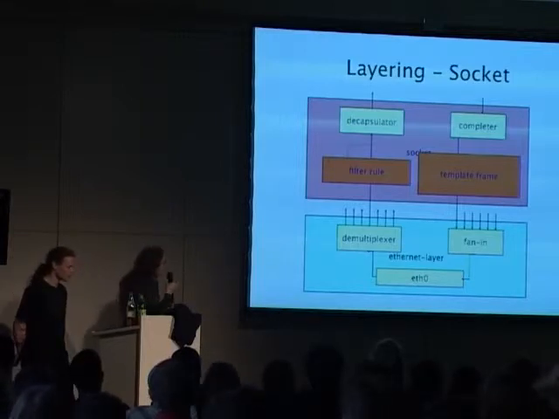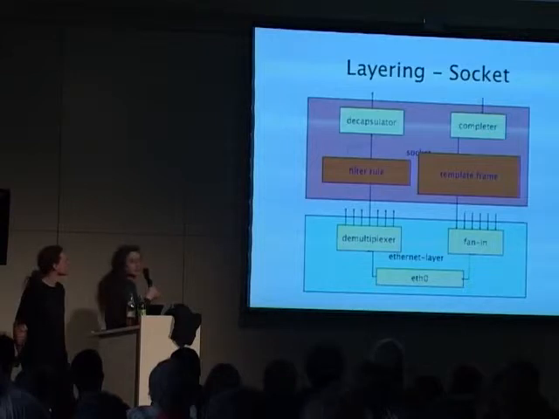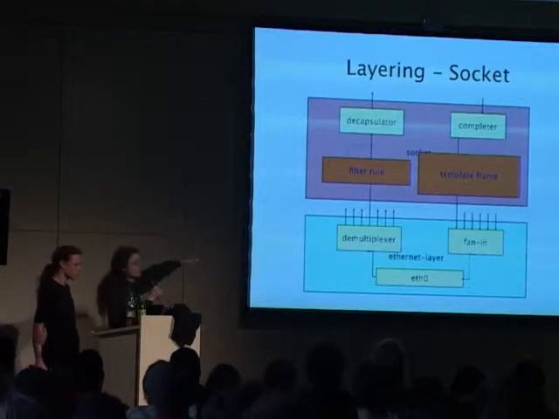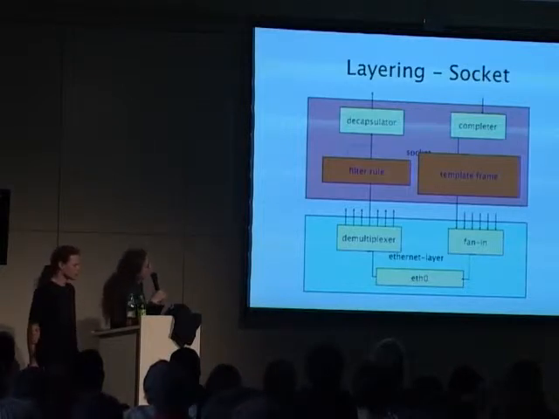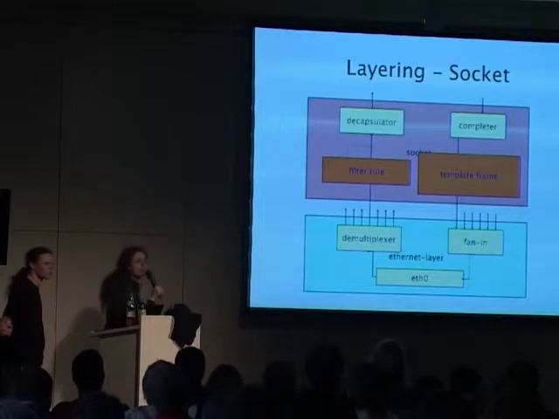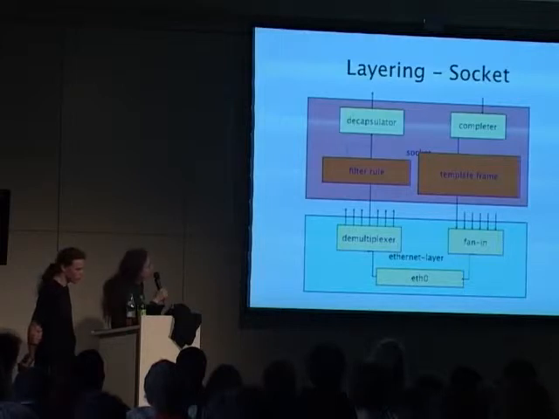And that's a little bit more involved again, because what we do here is basically, on the way up, stripping the appropriate layer header, and on the way down, we add it again. And that we do by providing, when you create a socket, you say, hey pal, I'm going to speak Ethernet type code 800. Please pass me everything for that. And it will then create the appropriate filter to give you type code 800.